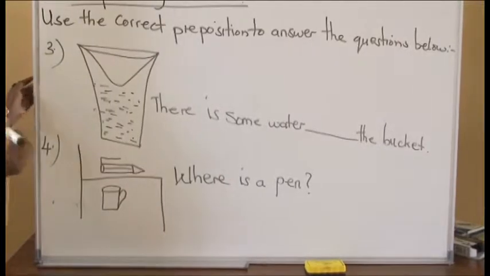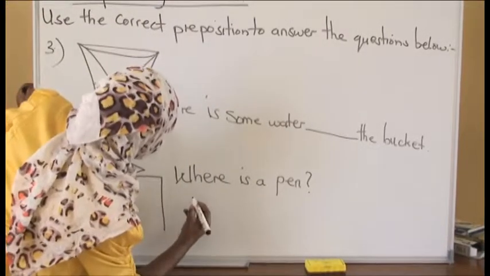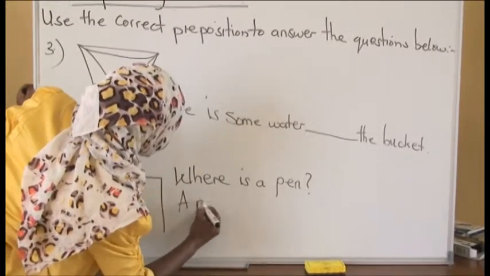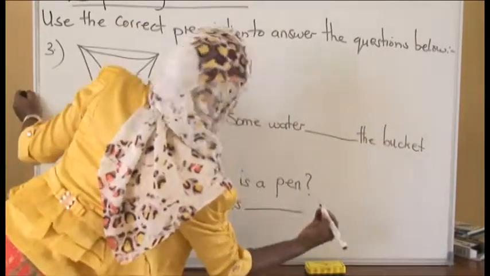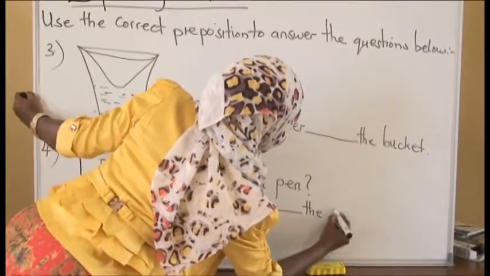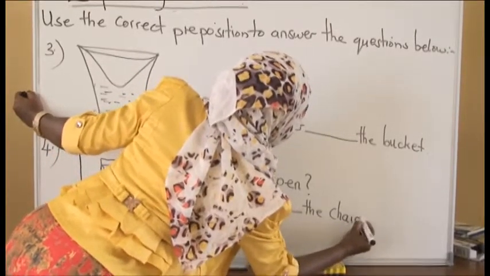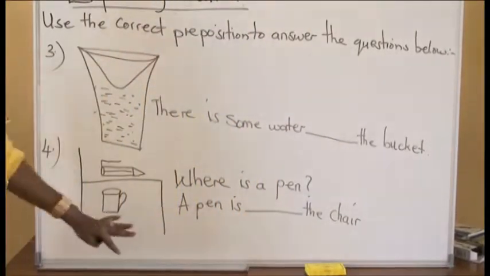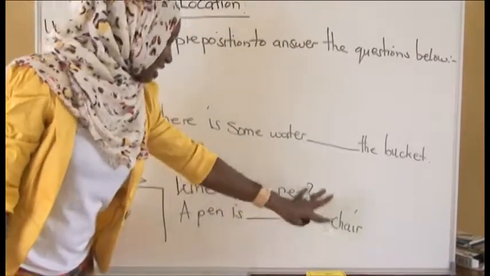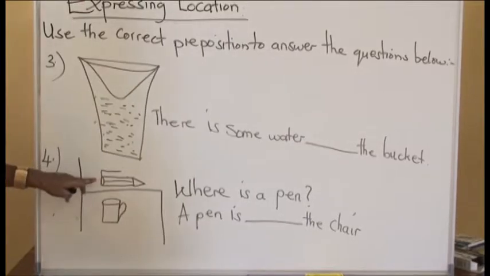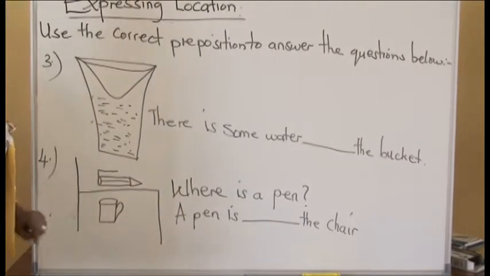And we will start by answering like this. A pen is dash dash chair. You have to fill in the correct preposition here. A pen is dash dash the chair, and the pen is here. Fill in the correct preposition.